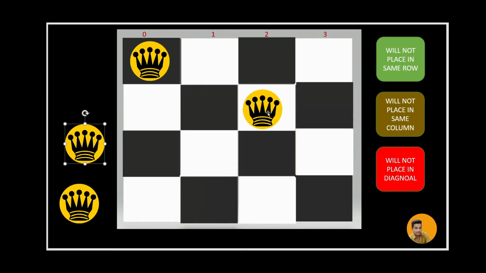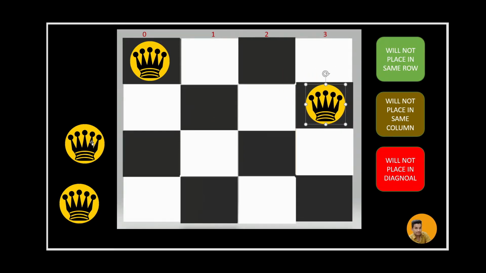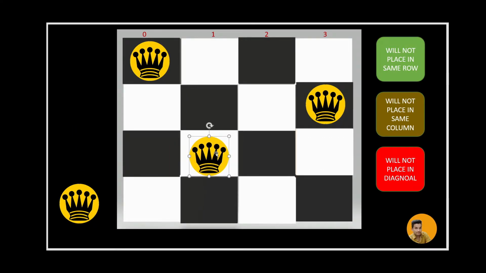So are you getting any idea? We are going back and reconsidering our solution. That means this is backtracking. Now what we're going to do is increase the column. Can I keep this queen here? Yeah, you can keep it, no problem. We'll go ahead to the next row again. Can I keep it here? No. Yeah, you can keep it here, no column, no row, no diagonal issue.